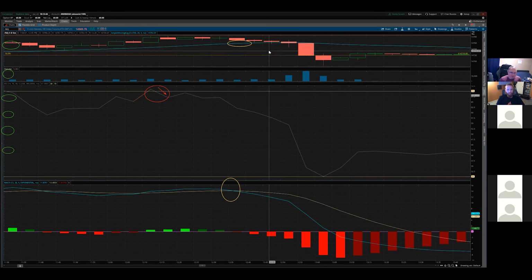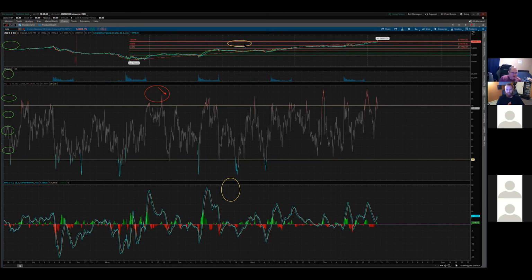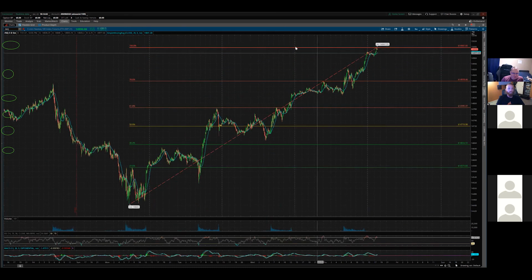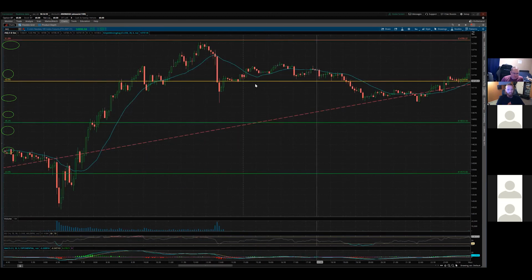Now, maybe I could be like, well, I can't really day trade, I can't watch it. So maybe what you can do is look at your Fib retracements that you drew. Right here, I can look at this yellow.